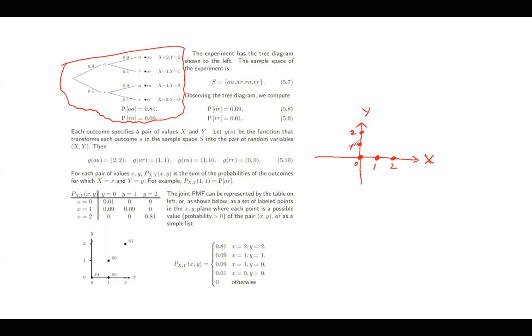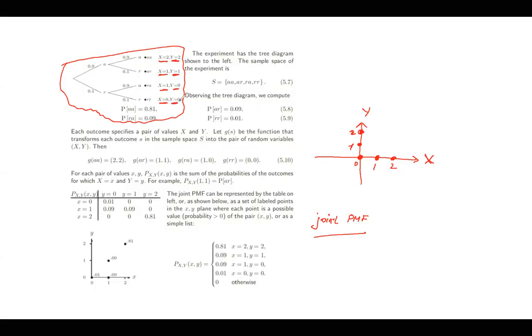Now we'll try to define the joint PMF here. In order to find this, we look at all the values of X and Y. Here, for example, X is 2, Y is 2, X is 1, Y is 1, X is 1, Y is 0, X is 0, Y is 0. So we got all the values of X and Y here.